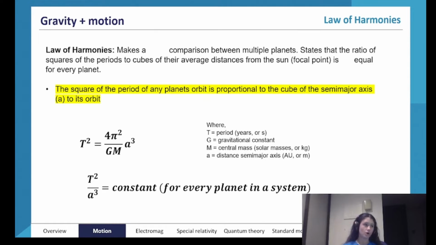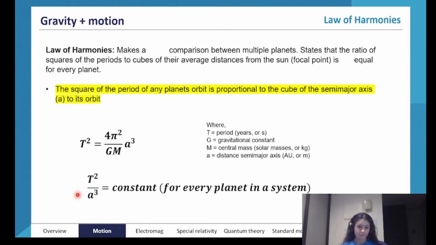The law of harmonies, and this is just the third law, and as you can see, it is the equation that you are given in your formula sheet. And it tells us that the square of the period of any planet's orbit is proportional to the cube of the semi-major axis of its orbit. So you don't actually need to remember the definition in words, because this formula is given to you in the formula sheet.